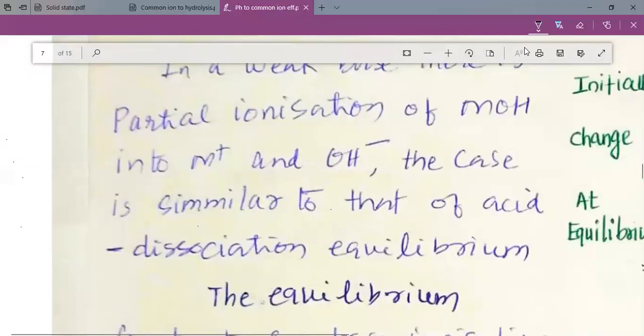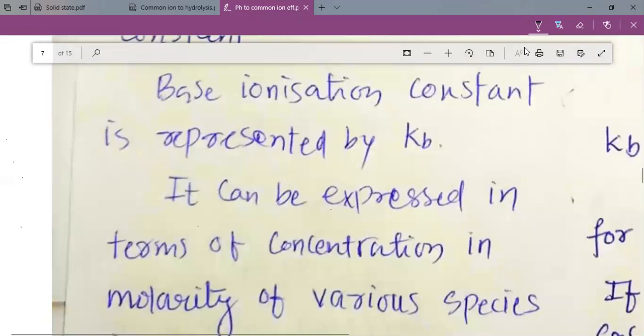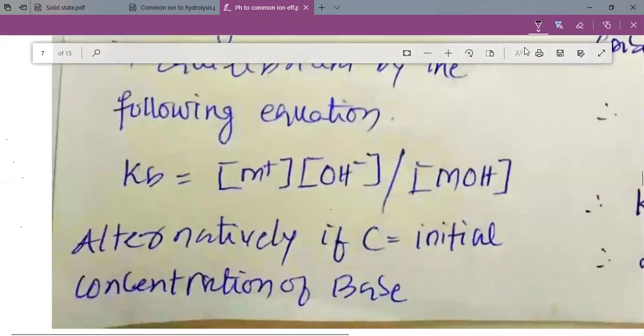So for this equilibrium, my dear students, we can write the equilibrium constant Kb, which is the product of the concentrations of the products of the reaction divided by the concentration of the reactants.